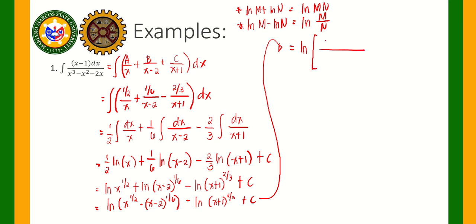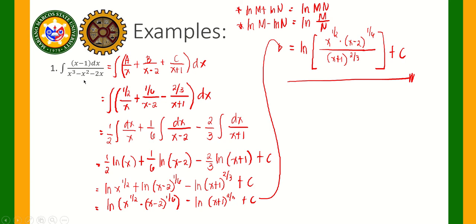So, we have x raised to 1 half times x minus 2 raised to 1 over 6 all over si n natin, which is si x plus 1 raised to 2 over 3. And then don't forget c plus c natin. So this is the answer for example number 1. Okay? So we applied case 1 dito.